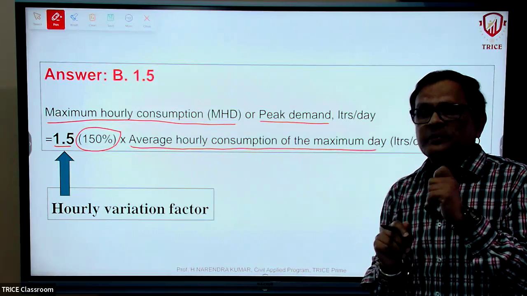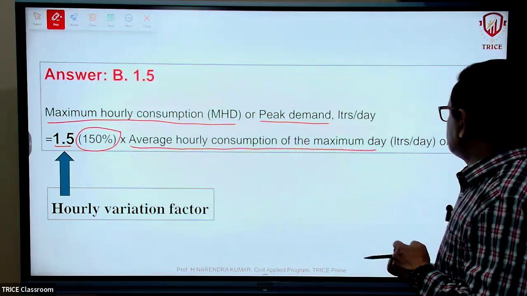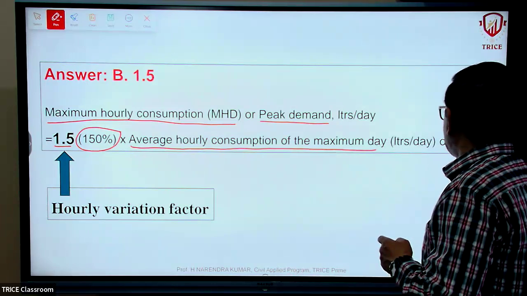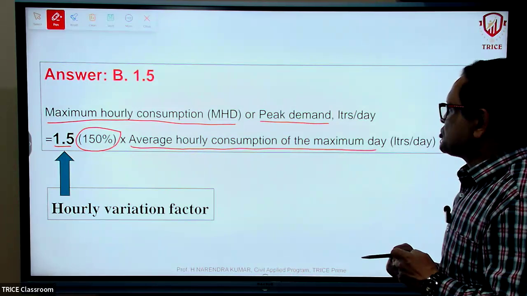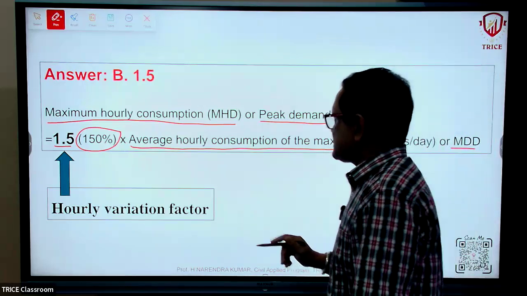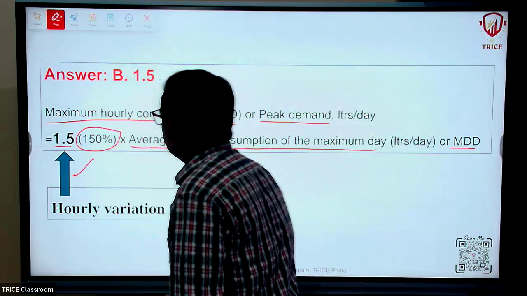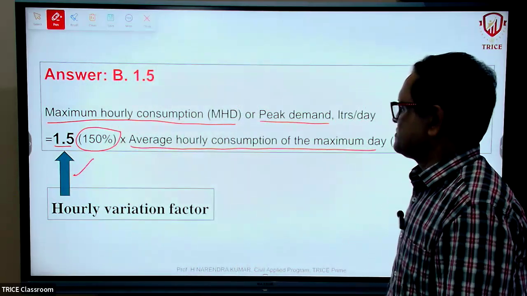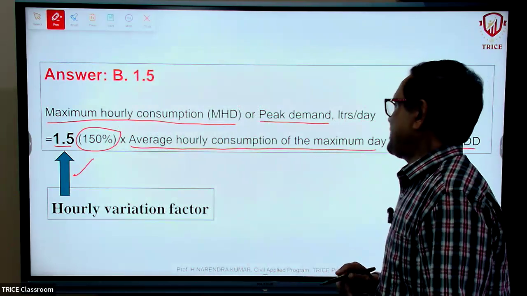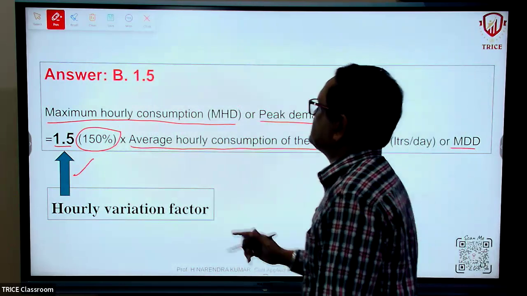On that particular maximum day, we need to calculate what is called average hourly consumption, or also called the maximum daily demand. Okay, so 1.5 into MDD. So this is called the hourly variation factor. Okay, so the answer is 1.5. So what is the question given? What is the hourly variation factor for the peak demand? So it is 1.5.